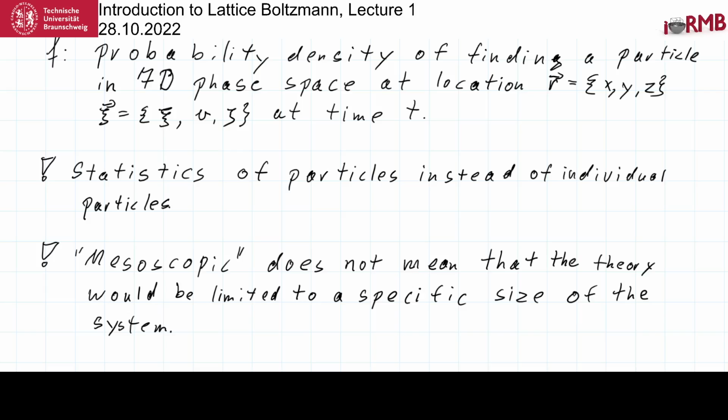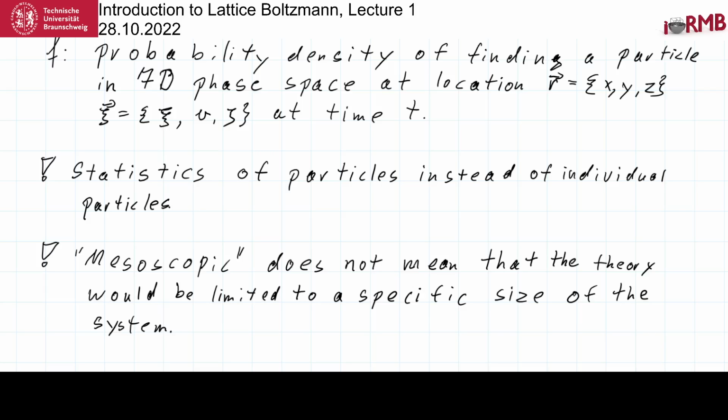The idea here is that this is a description in between the description of a continuum, where you don't know anything about molecules at all, and the individualized molecules. So you do something in between. You still have molecules, but these molecules are now no longer distinguishable. So you have just a statistic of the molecules.